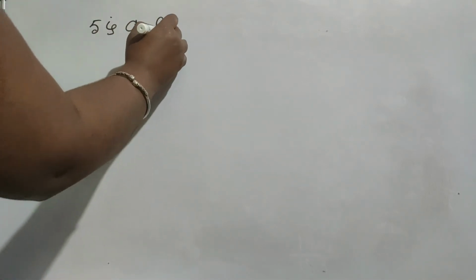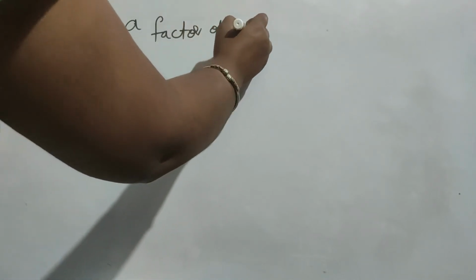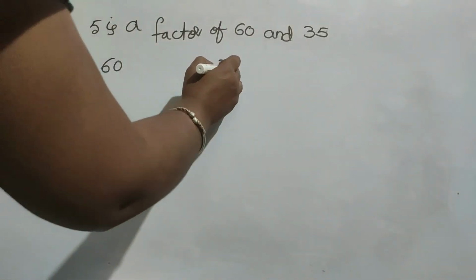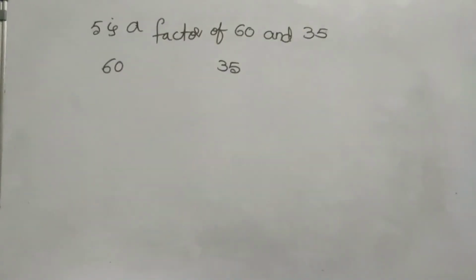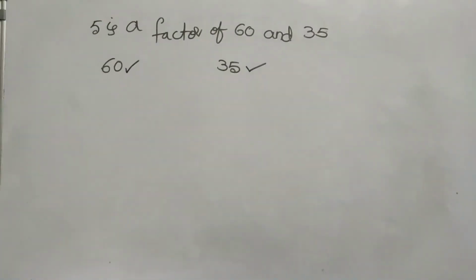5 is a factor of 60 and 35. For a number ending with 0 or 5, the complete number is divisible by 5. 12 5s are 60, 7 5s are 35.